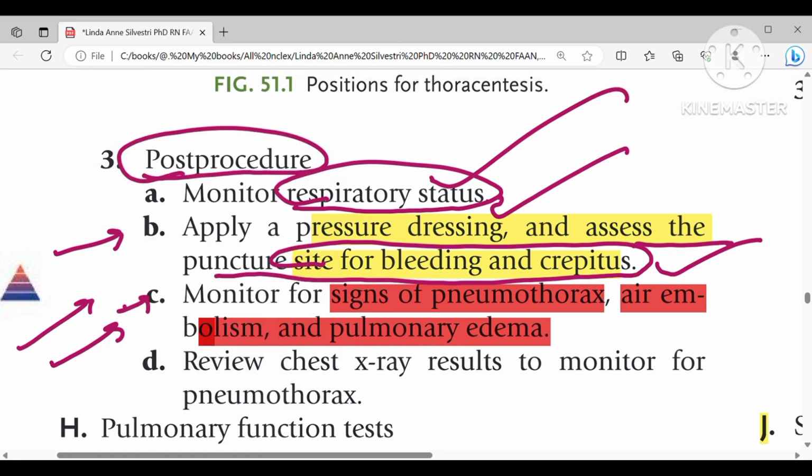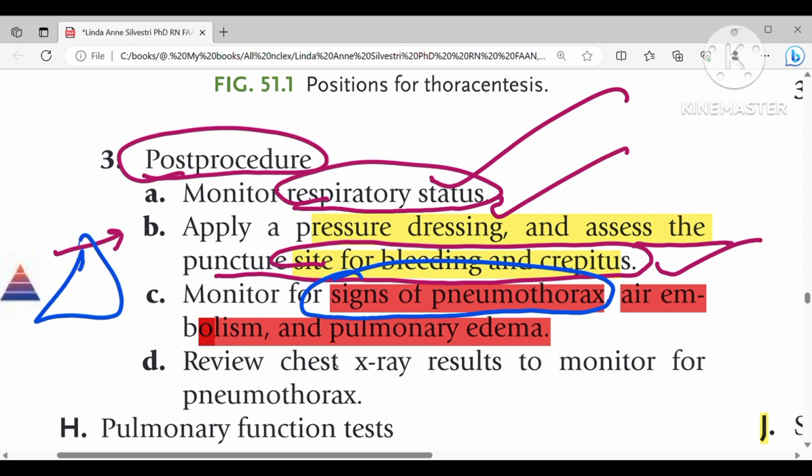We need to monitor the client for any signs of pneumothorax, because this is the lung and we are going to puncture a lung, so there may be a chance of pneumothorax, air embolism, or pulmonary edema.